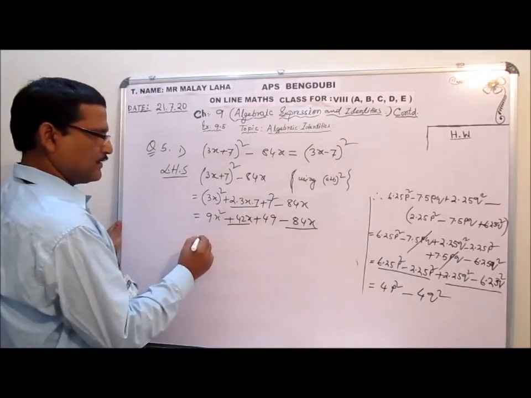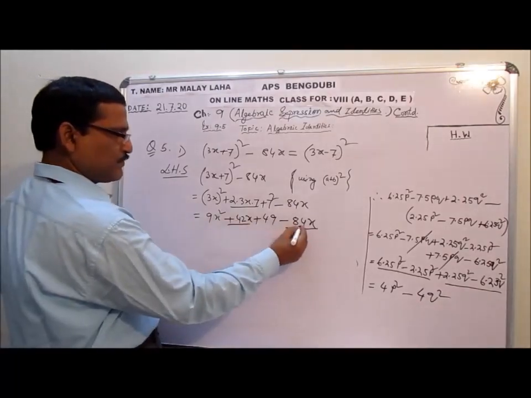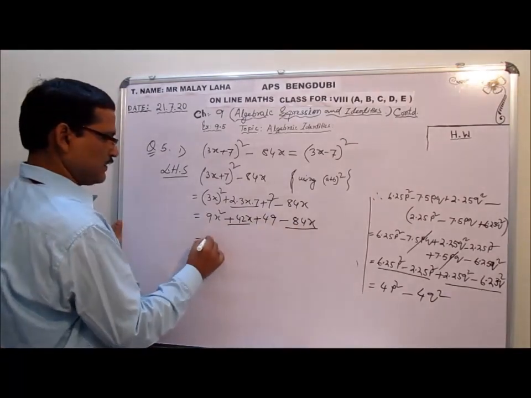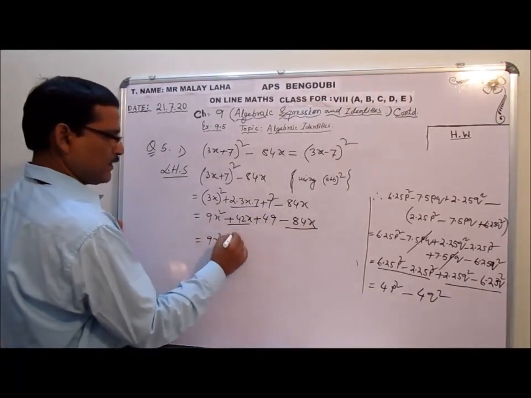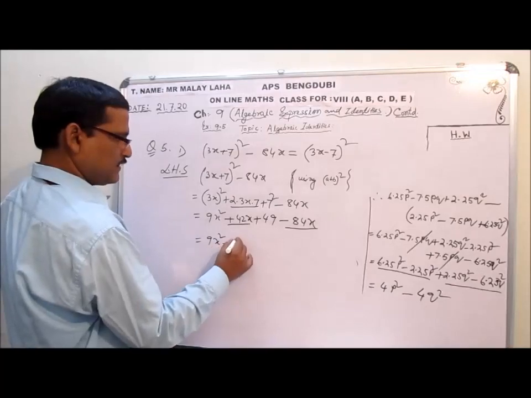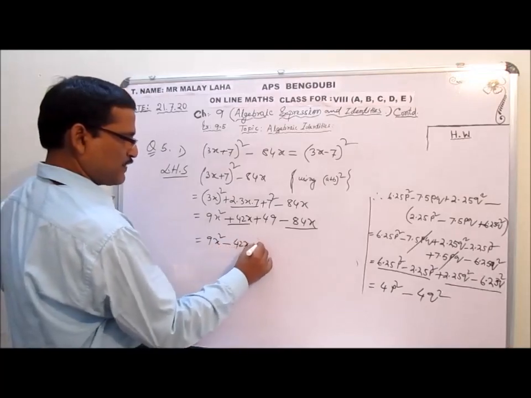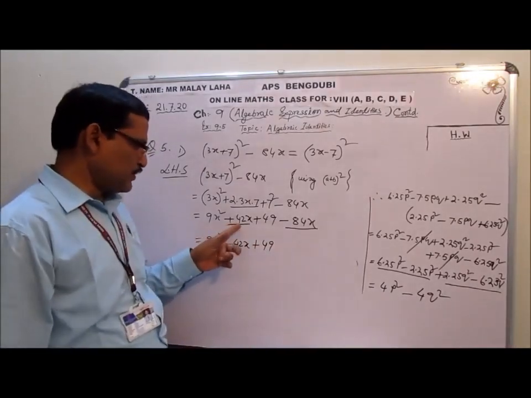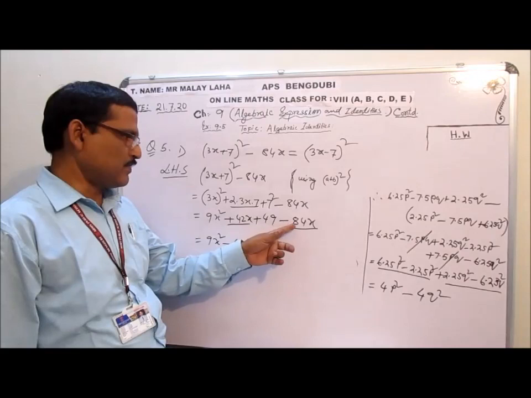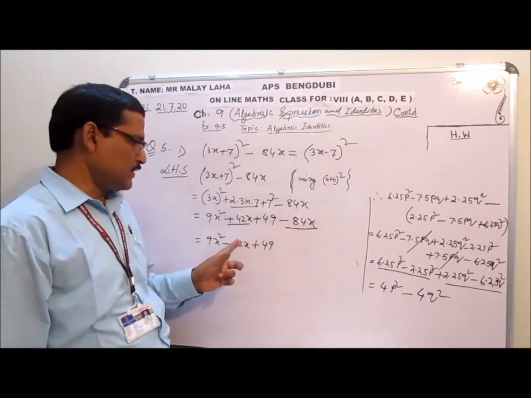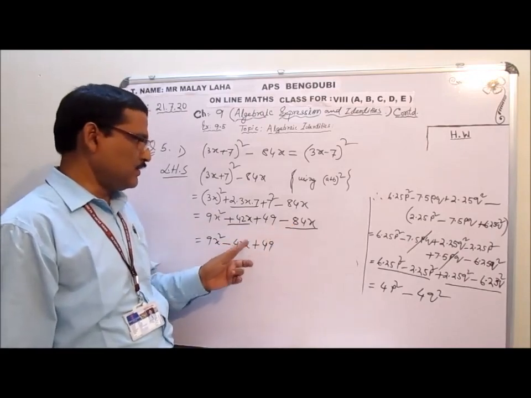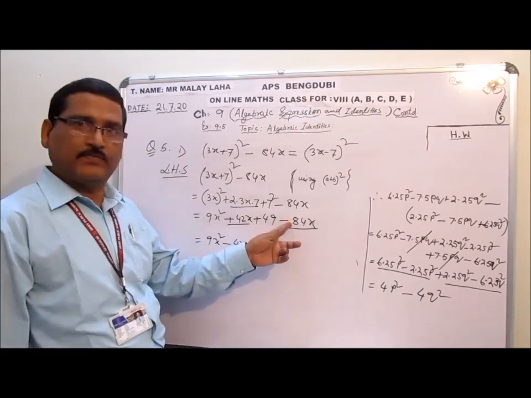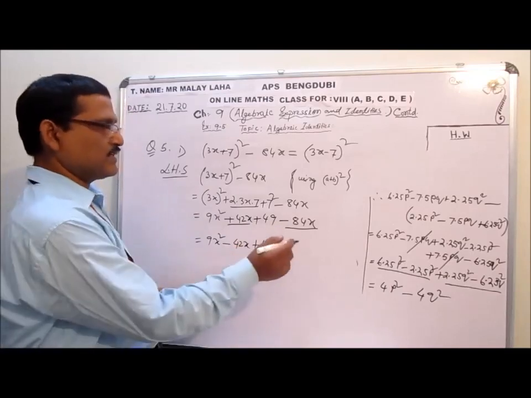If you subtract 42x from 84x, the remaining part is also 42x, but since 84 is numerically greater, I have to put the sign of 84. So minus 42x. So 9x square minus 42x plus 49. This is the first part of the answer.